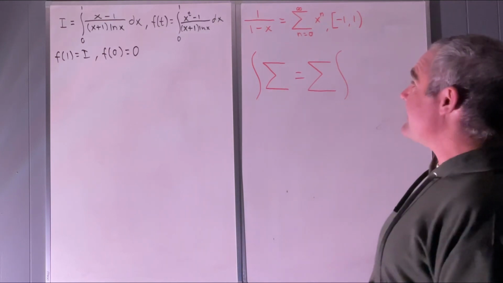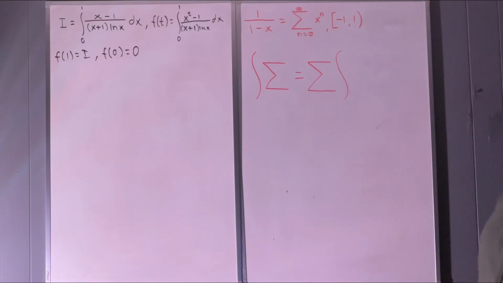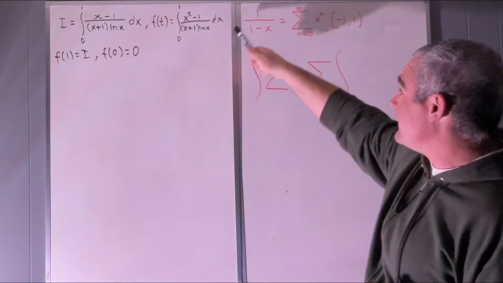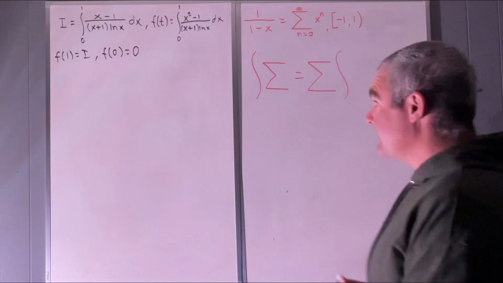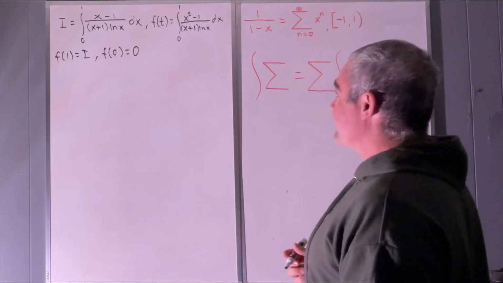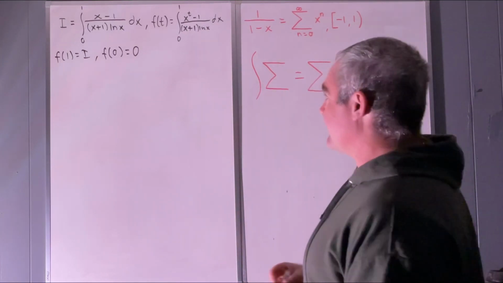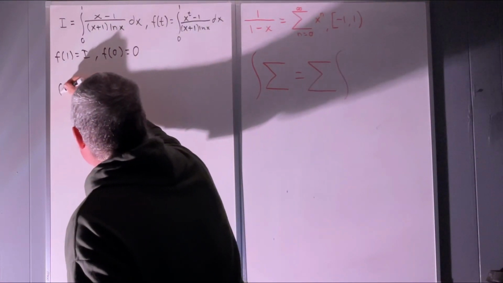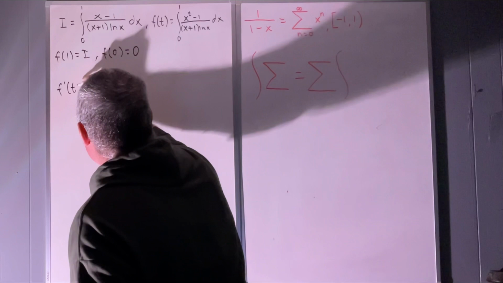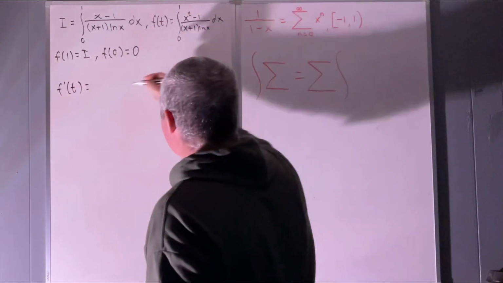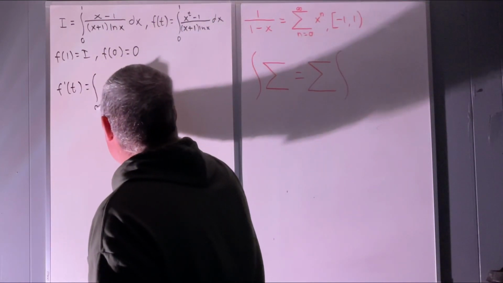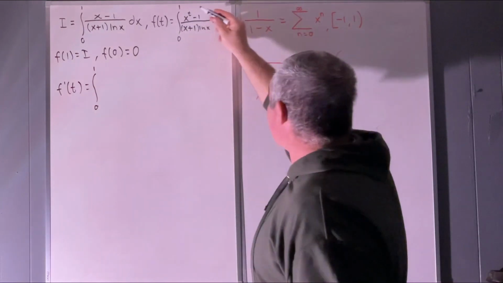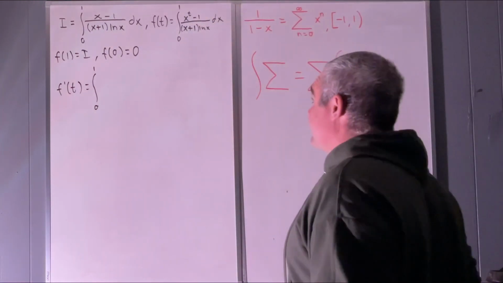Okay, let's see. The next step, of course, is going to be taking a derivative with respect to t of this, using the Leibniz rule for differentiation under the integral sign. So that would give us f prime of t is equal to the same integral, 0 to 1, of the partial with respect to t of this integrand.